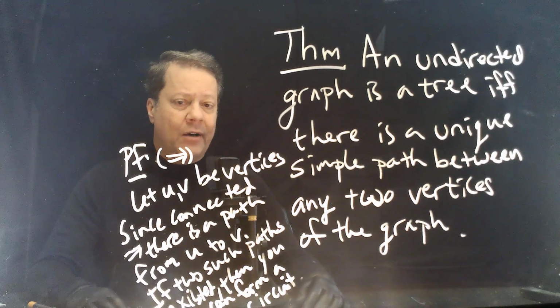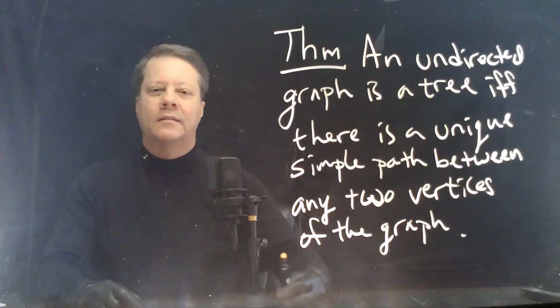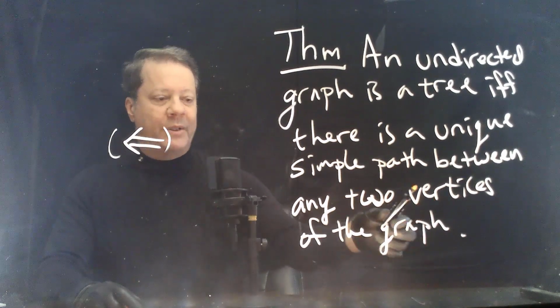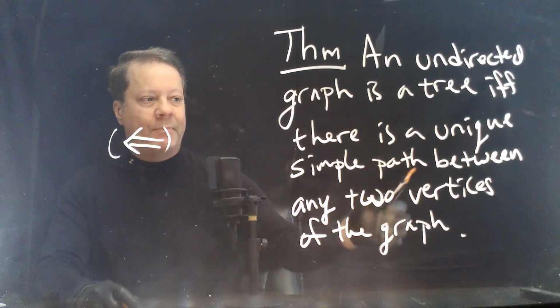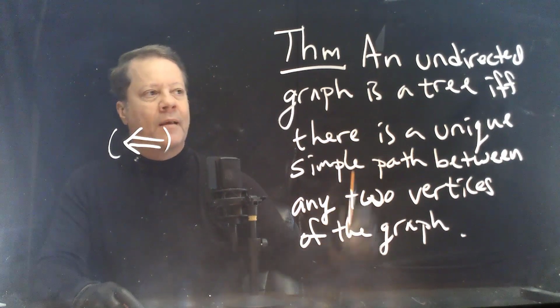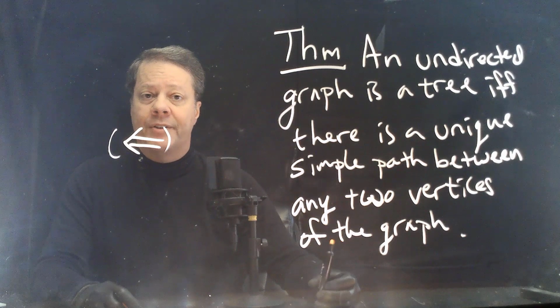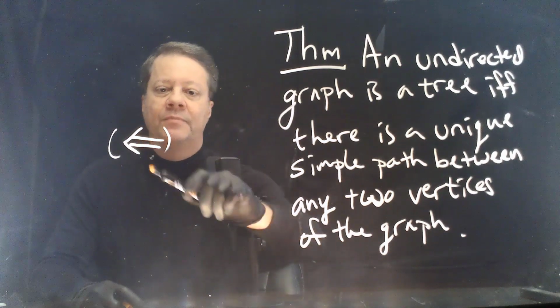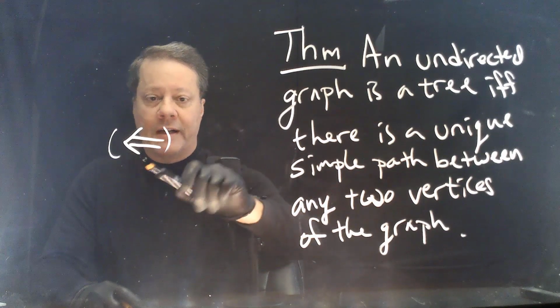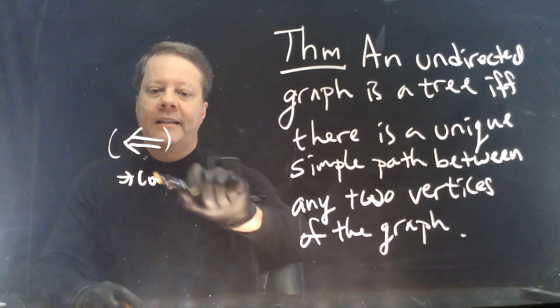What we need to do now is prove in the other direction. So in the other direction, we assume that between any two vertices there is a unique simple path between them. We need to prove then that what we have here is a tree. So assuming that there is a unique simple path between any two vertices in the graph, that implies connected.